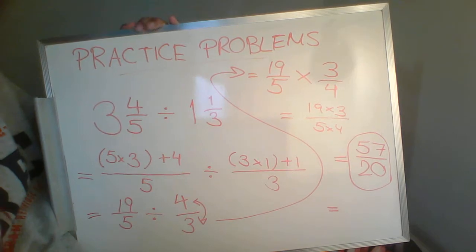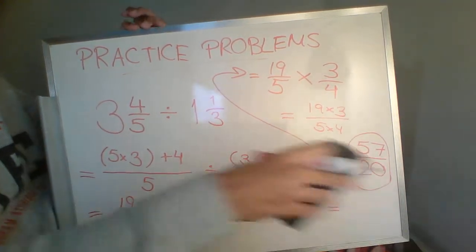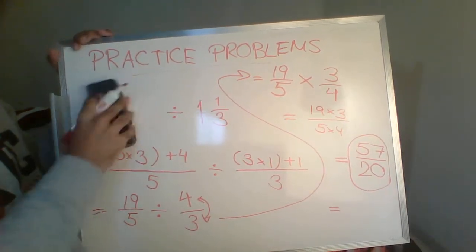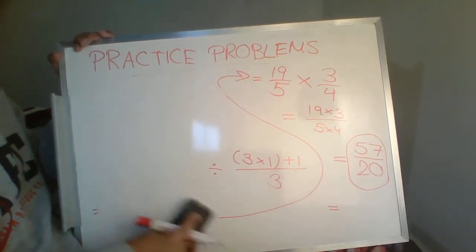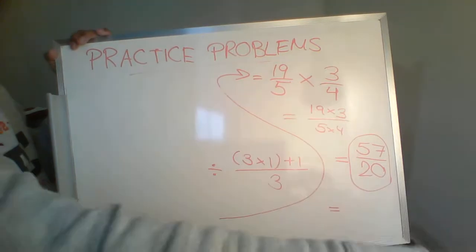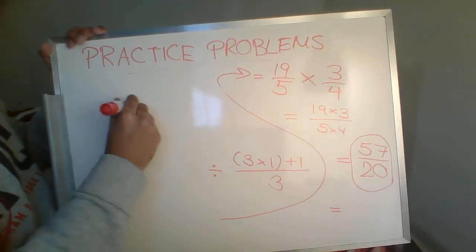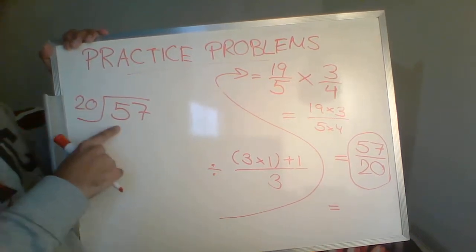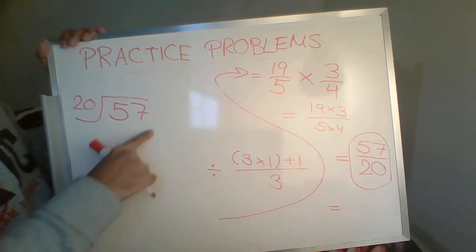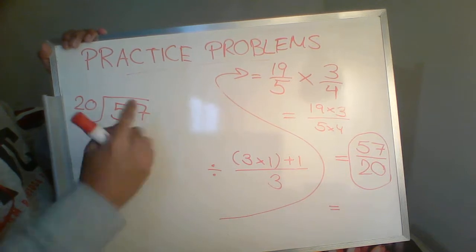but because we like to be as proper as possible, we'll convert this back into a mixed number. And let's go through the long division for this one, just because we haven't done it in a little while. I'm going to get rid of what we started with here, just because I need some space. So it's going to be 57 divided by 20. Now 20 doesn't go into 5, so we move over. 20 goes into 57 how many times?